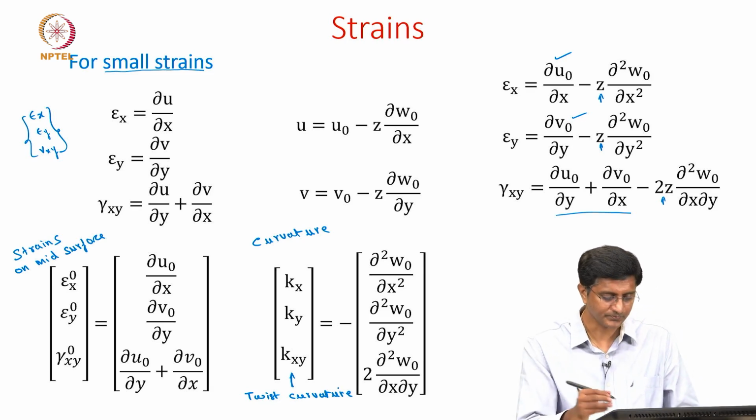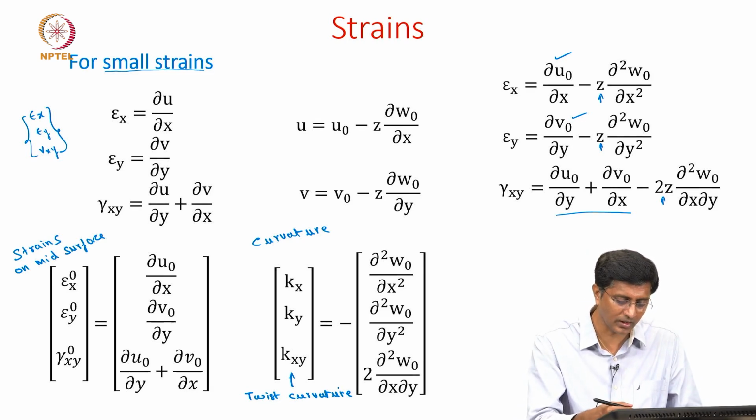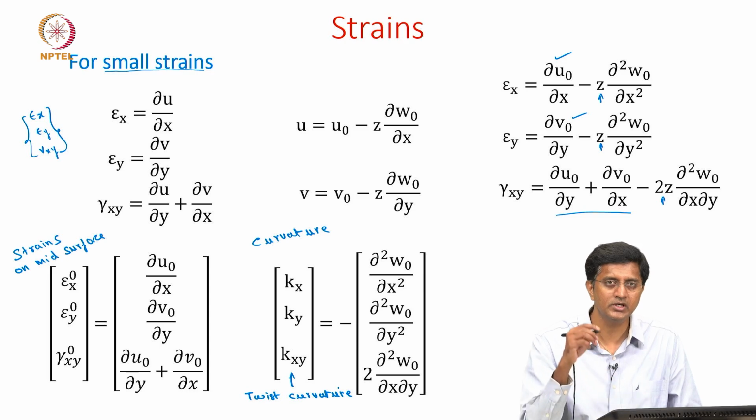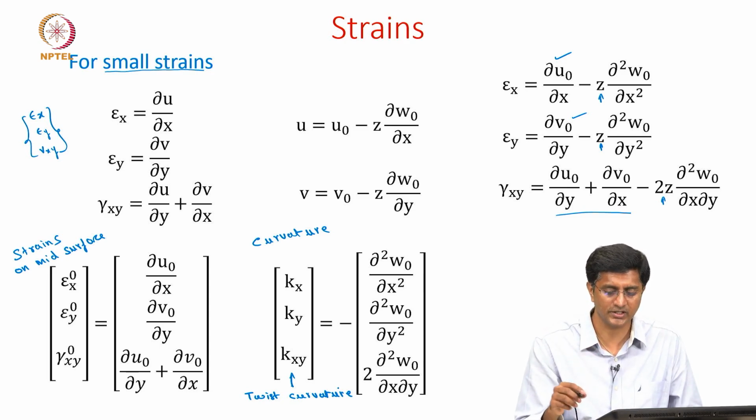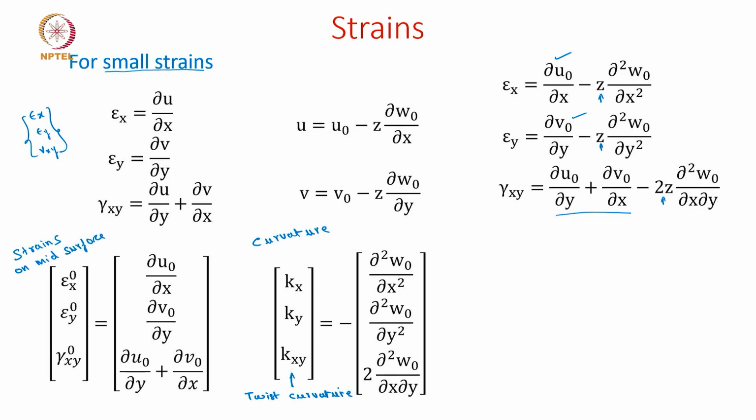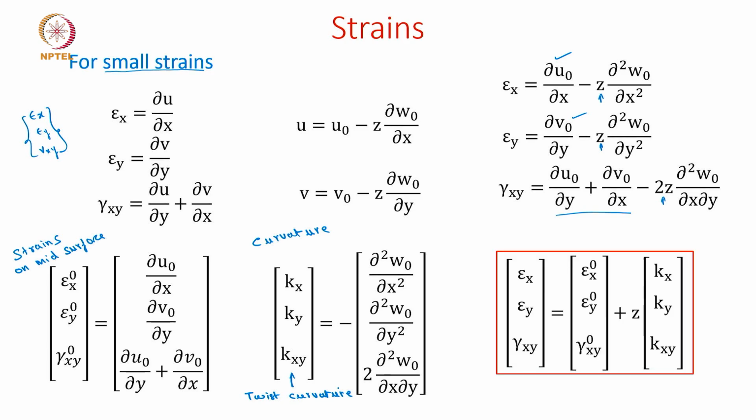As you can see, these are all written in terms of the second derivatives of the deformation in the z direction. And finally, once we add these two vectors, this gives the strains. So here we get the strains as the sum of the strains of the mid surface plus z times the curvatures.